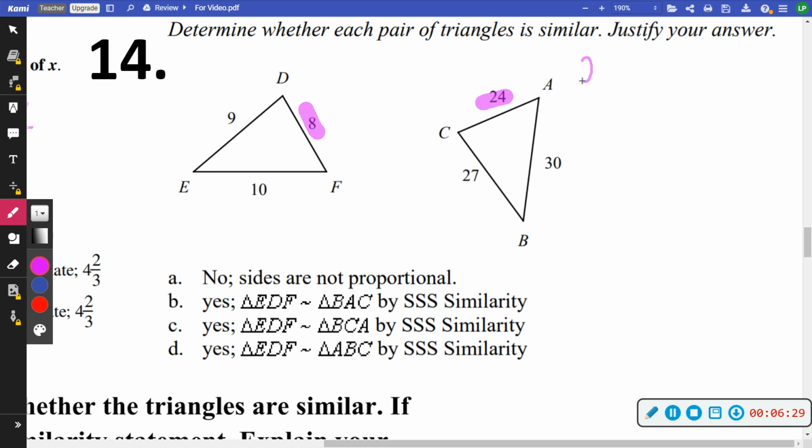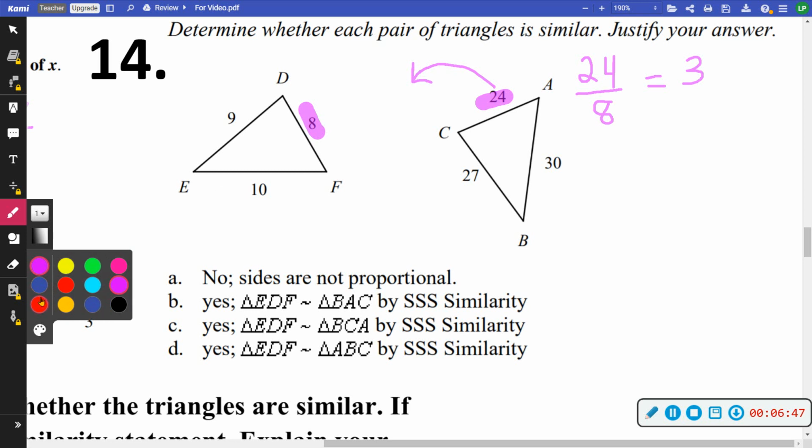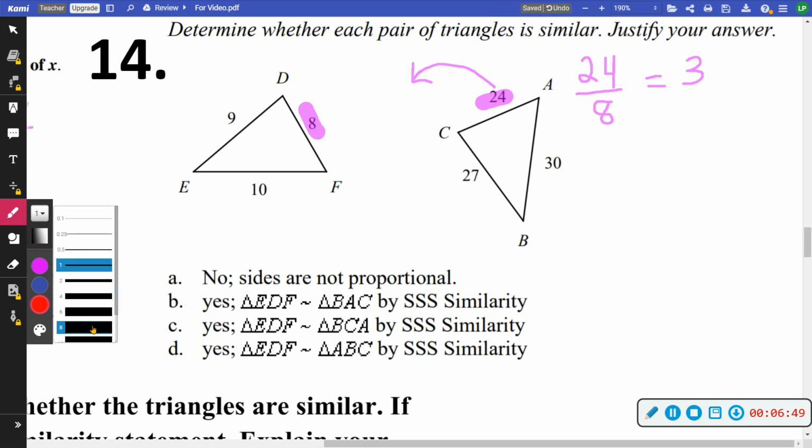So I'm going to go right to left. 24 divided by 8, which is easy, is equal to 3. So we got one of the S's done.